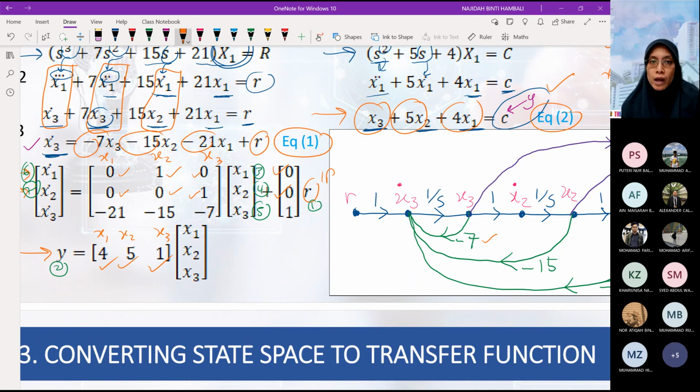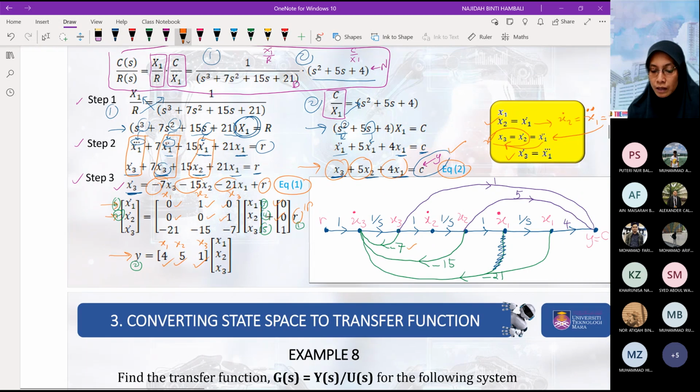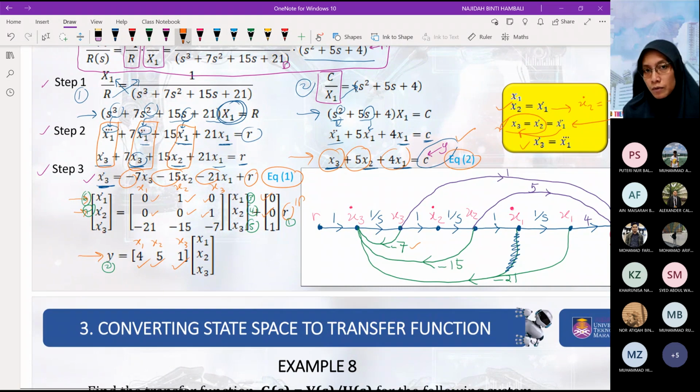The connection for X3 dot, which is representing your denominator of the transfer function, must be in the feedback path for this form of phase variable form.